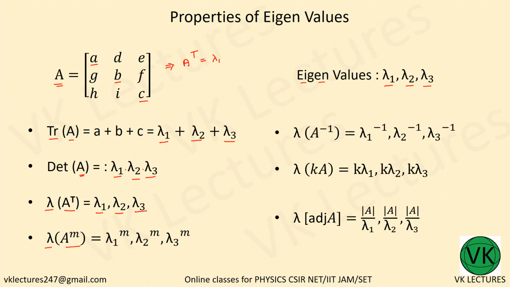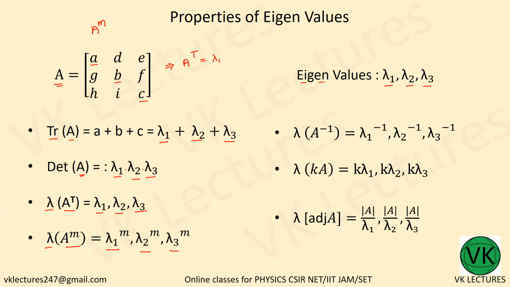Suppose you are multiplying the matrix A m times, then your eigenvalues will change to lambda 1 power m, lambda 2 power m, lambda 3 power m.